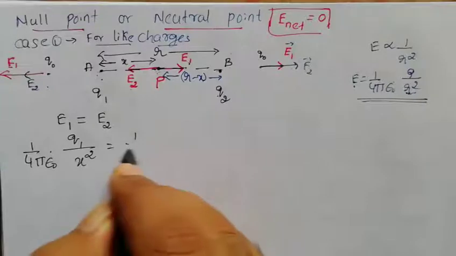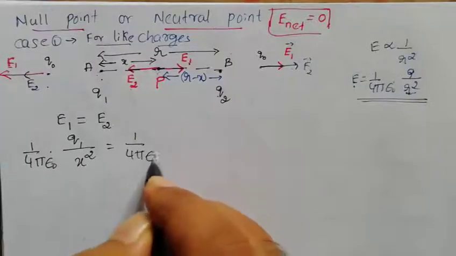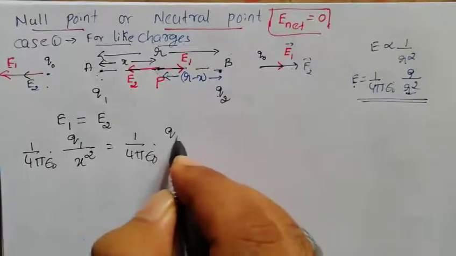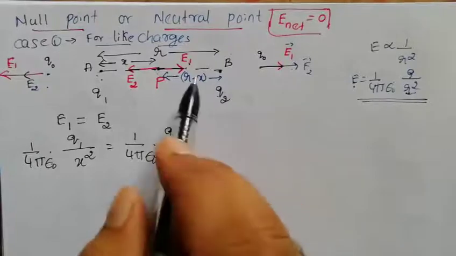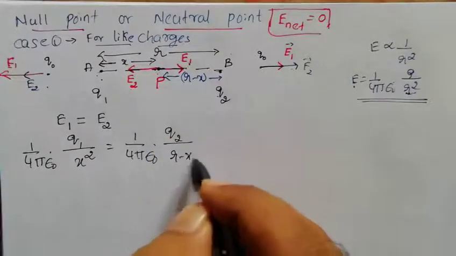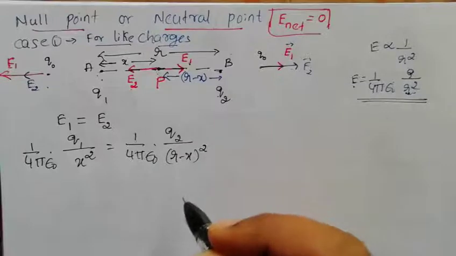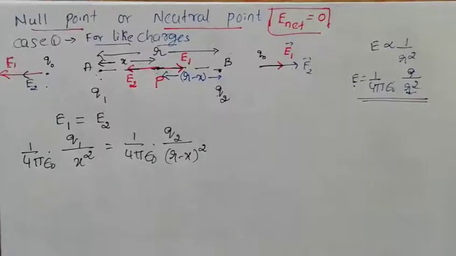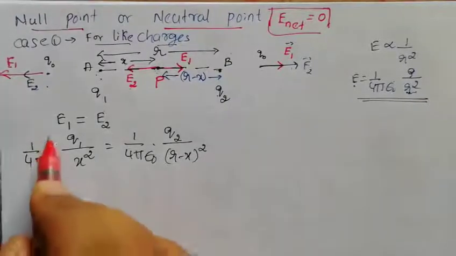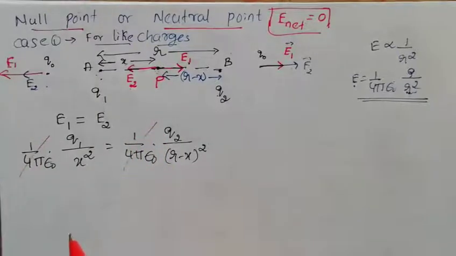That is equal to 1 by 4 pi epsilon naught, and charge value is Q2 divided by distance R minus X whole square. Now what is going to cancel here? Here 1 by 4 pi epsilon naught is going to cancel.